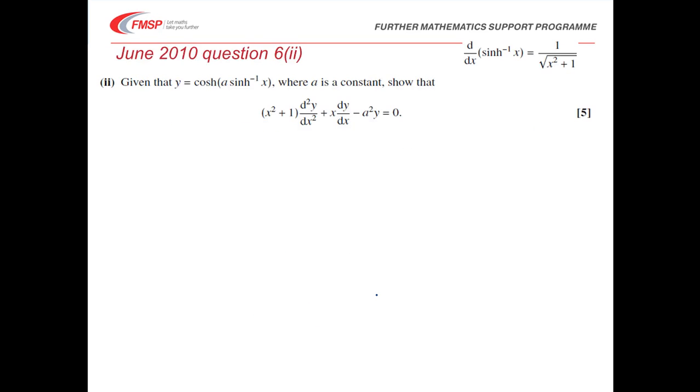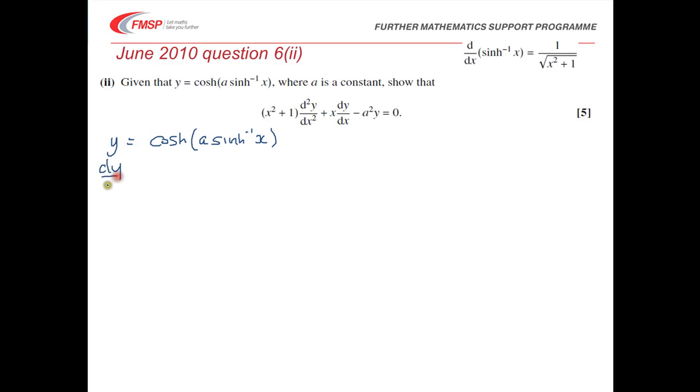If we look at part 2, then we're going to need to find dy by dx, and we're going to need to find d2y by dx squared. So let's just have a look at this. So y equals cosh of a inverse sine of x. We'll differentiate.